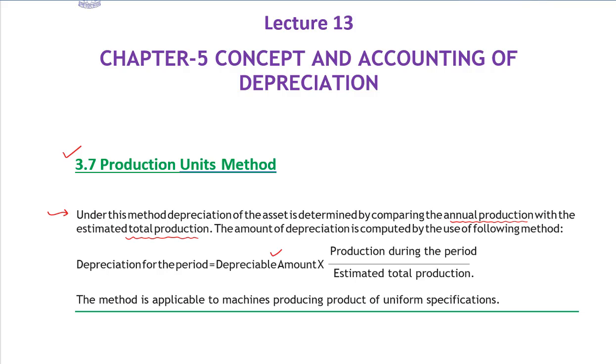Depreciation for the period equals depreciation amount multiplied by production during the period divided by estimated total production. This method is applicable to machines producing products of uniform specifications.